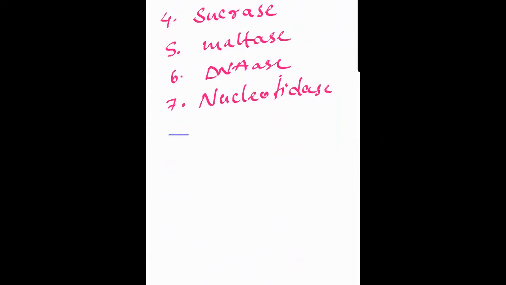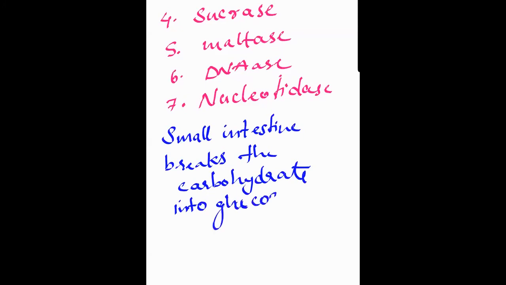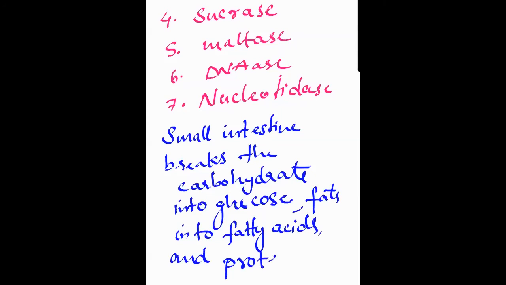Now we'll see how these enzymes in the small intestine break carbohydrate into glucose, fats into fatty acids, and at last protein into amino acids.